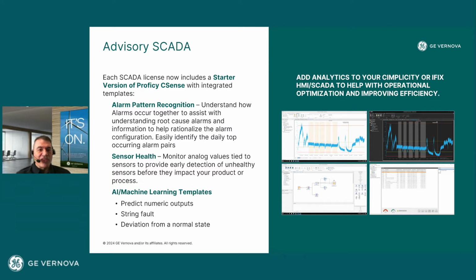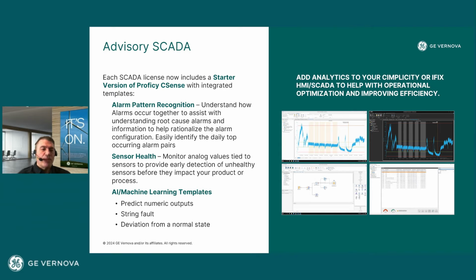Meaning, hey, when this alarm occurs, these other three things always happen. Start being able to pick up those patterns so that it'll help you start to look at things like root cause alarms, or even just help rationalize your alarm system by figuring out a way to make sure only the alarms that matter start to show up for the operators.